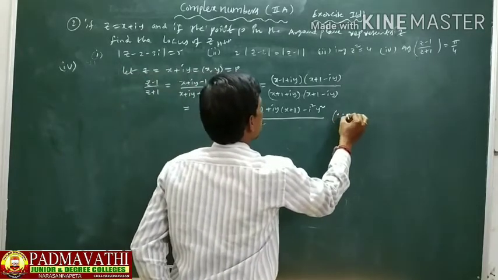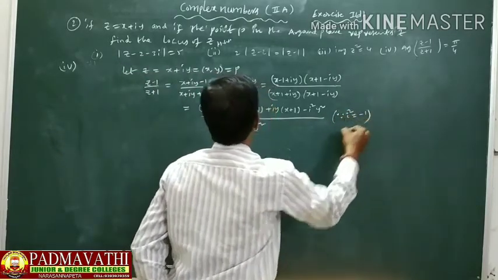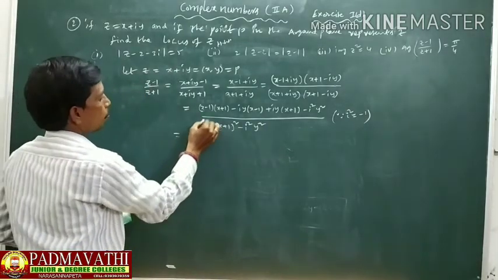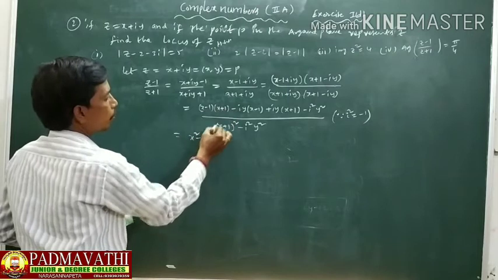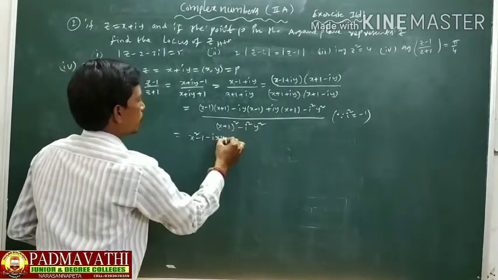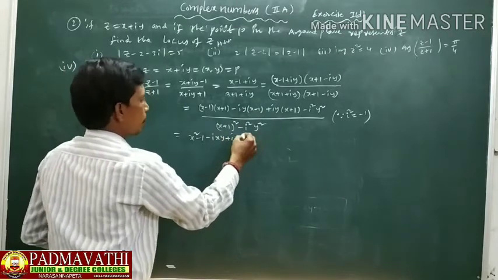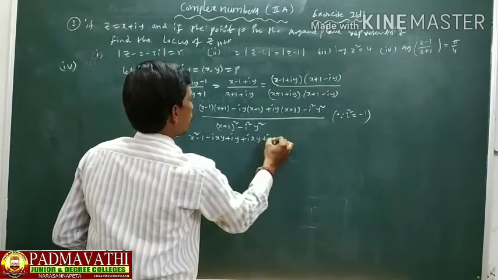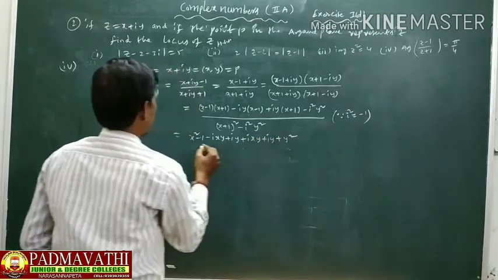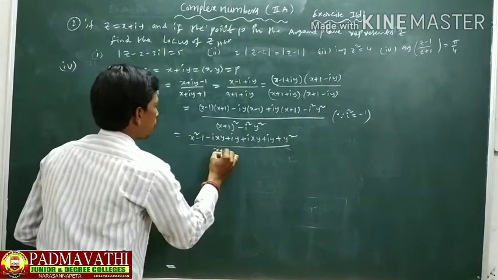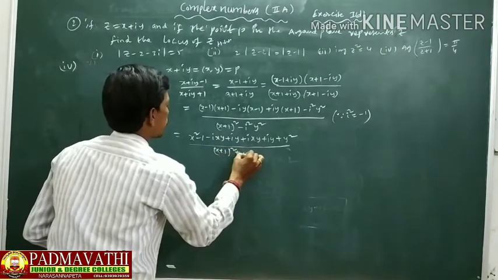Since i square equals minus 1, we get x square minus 1 minus ixy plus iy plus ixy plus iy plus y square, whole by (x plus 1) whole square plus y square.